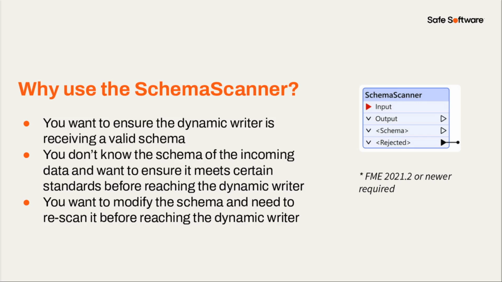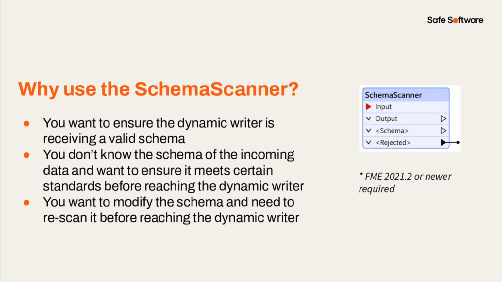And I found that the schema scanner, placing that right before your writer, is very useful for resolving any of those issues. You may not know the schema of incoming data before it meets the dynamic writer, and you want to ensure that it meets certain standards. So you can use the schema scanner to pull out the schema, maybe do some analysis on the schema before you write, and then do some checks before allowing those records to be written out. And we'll go over a workflow similar to that in a little bit, in a schema drift or schema validation workflow.